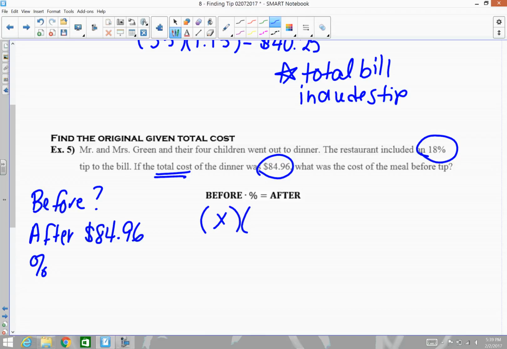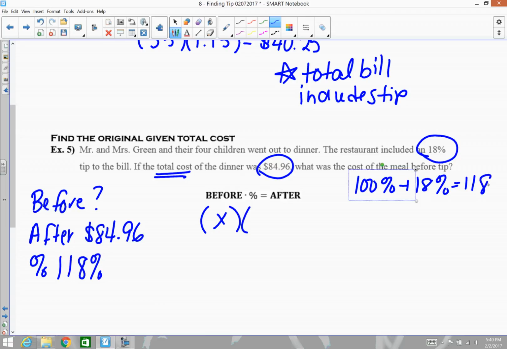So 100% plus that 18% is what you're paying, right? You're paying 100% of your bill plus 18% tip. And that's what got you to $84.96. So I'm using 118%, divide by 100, you get 1.18.